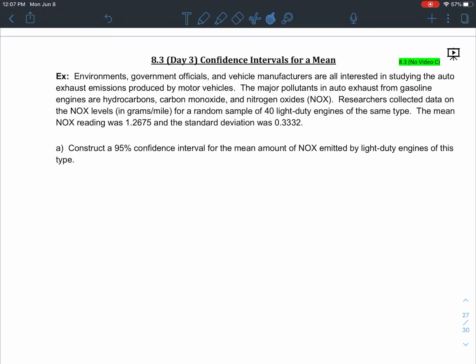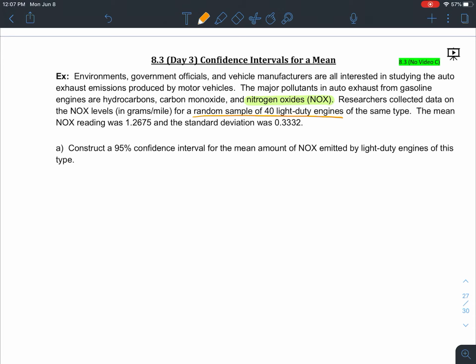There's carbon monoxide, hydrocarbons, and one of the things that we're looking at in this example specifically is what's called nitrogen oxides that are being released by many of these engines, and we're going to refer to that as NOx, N-O-X. It says researchers collected data on the NOx levels in grams per mile for a random sample of 40 light-duty engines, all of the same type.